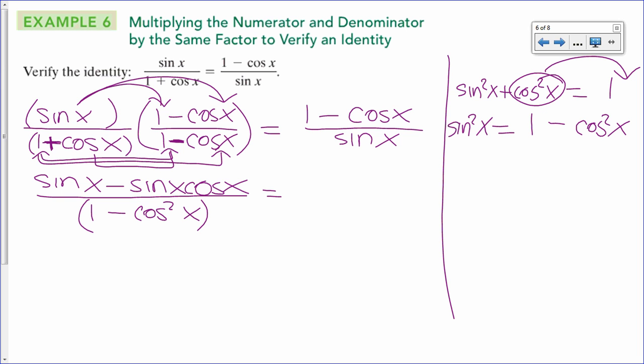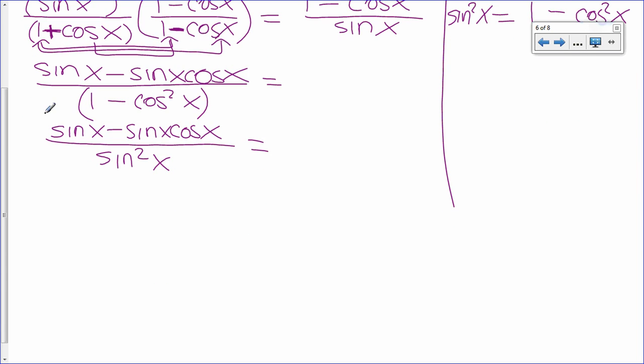So let's substitute that with sine square x. Okay. Thank you. We're almost there. Now, what do the two terms in the numerator have in common? Sine x. So we factor that out.